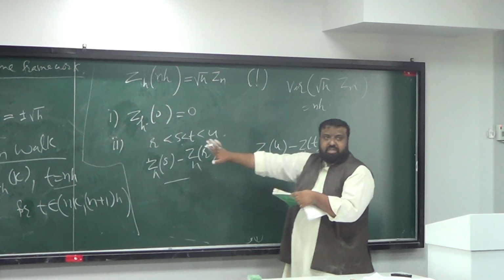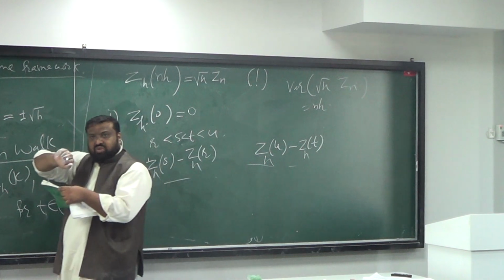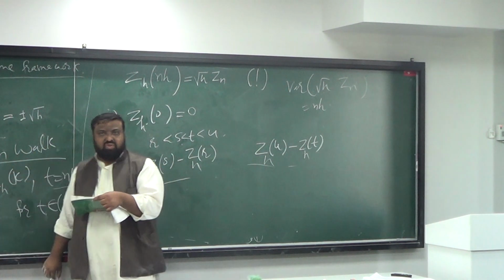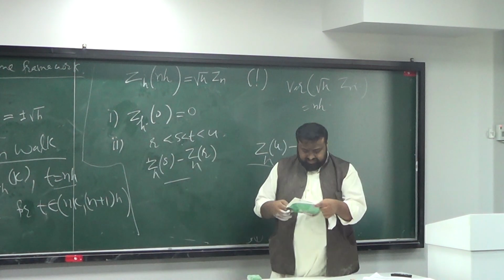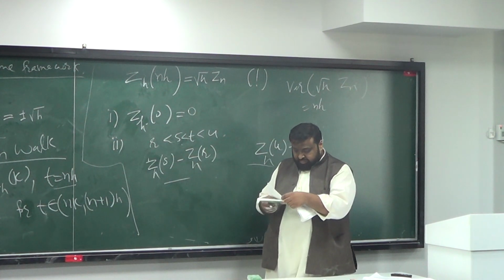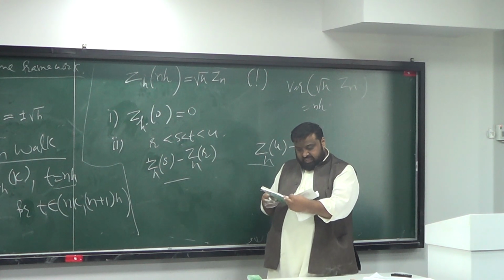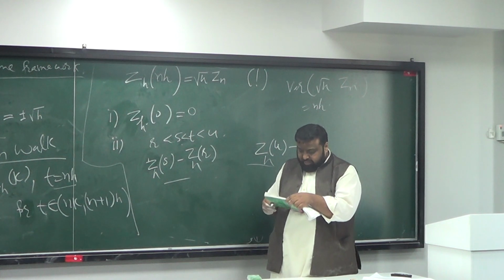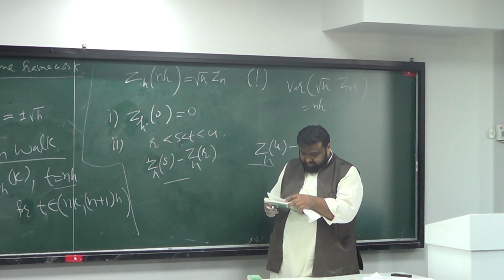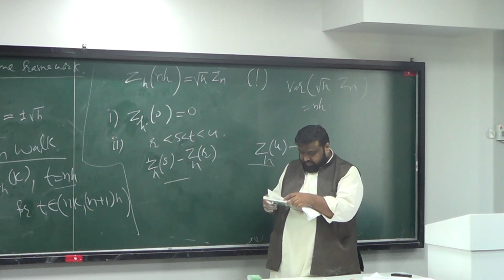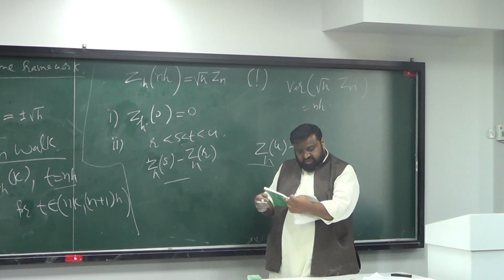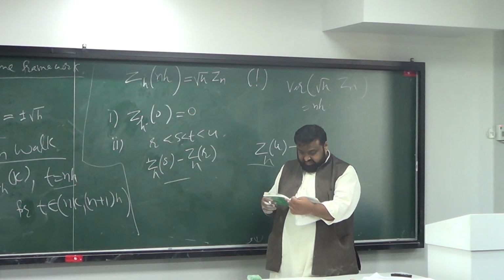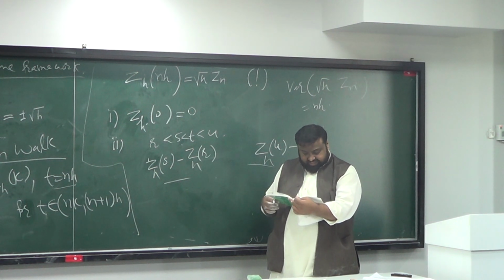All the other properties that a random walk has, this scaled random walk also has. You can also verify some of its further properties: there's variation and quadratic variation and all that.